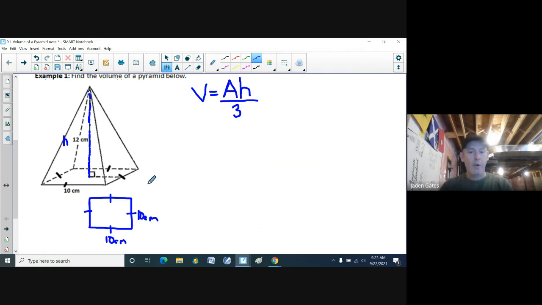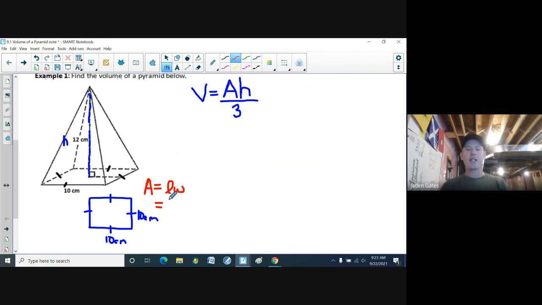Now, the area of a rectangle, that's what we're finding here. The area of this bottom, the base of the pyramid, is, let's see here. Well, length times width is the area of a rectangle, which again is this, a square is a special rectangle.